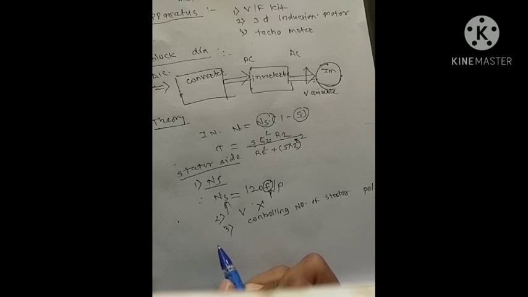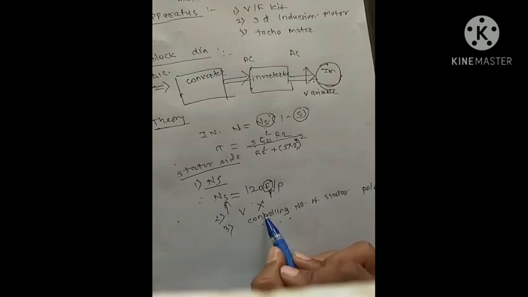But this is possible only with a squirrel cage induction motor. The number of winding ends are available for external connection. This winding can be connected to a different number of poles, so the speed can be varied. This only happens in the squirrel cage rotor; this method is not possible in slip ring type induction motors.